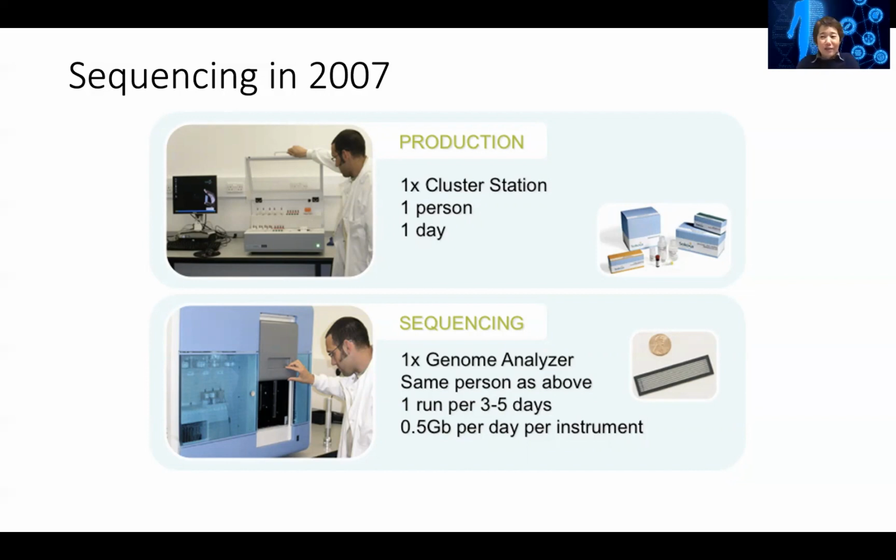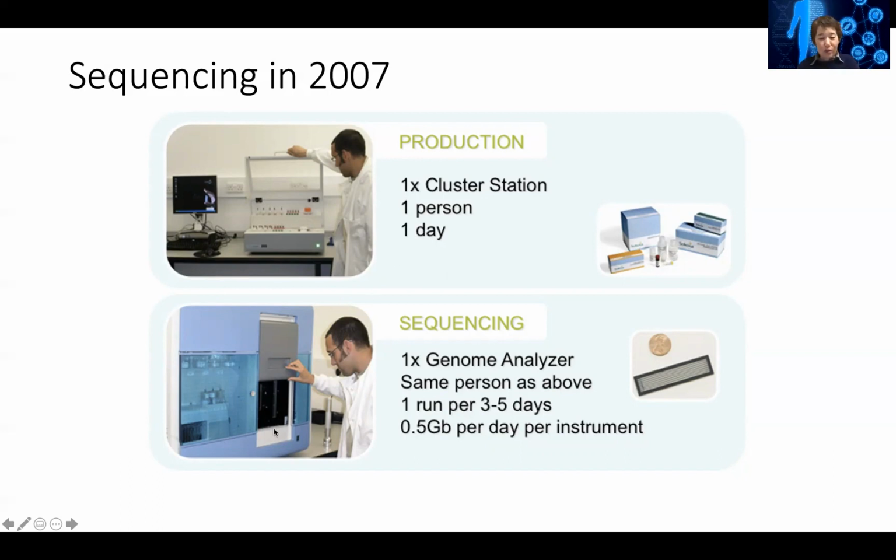This is different in that we don't sequence one sequence at a time. We can sequence millions of sequences at the same time. And so the previous genome center can now be streamlined to a process like this. With this one machine, one scientist could prepare the samples in a day for the DNA to be sequenced.